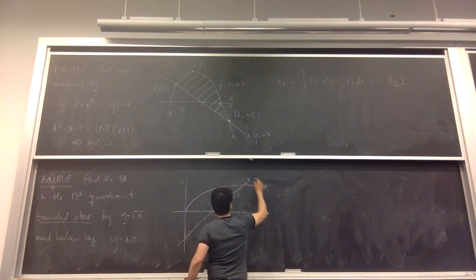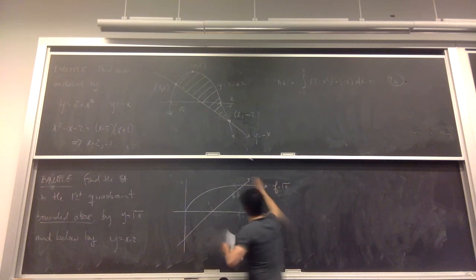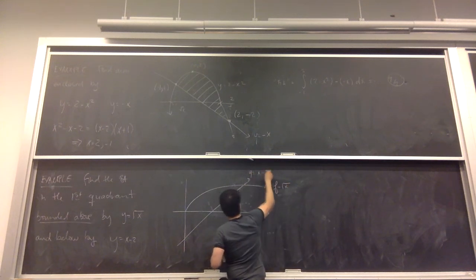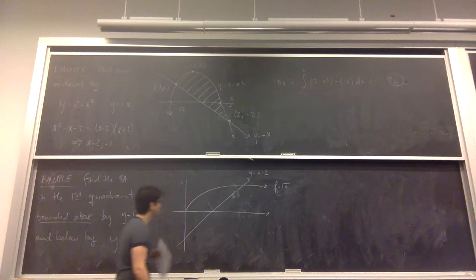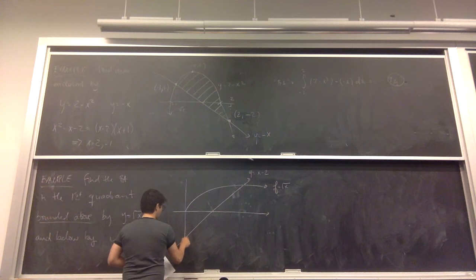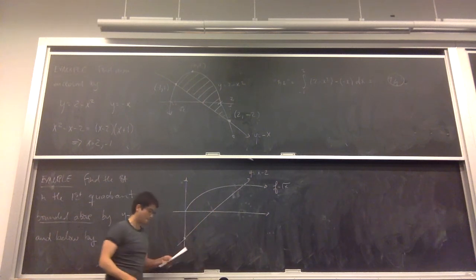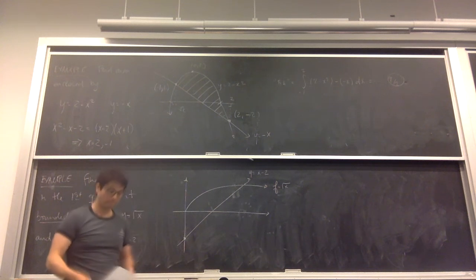This becomes u squared minus u plus 2. It's literally the exact same. If you do the substitution, like let u equal square root of x, and then what would that equal? That would be u squared.